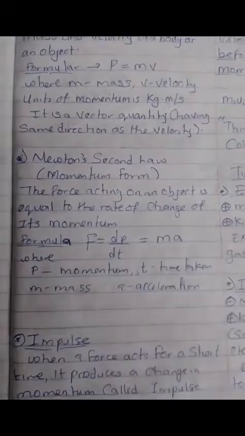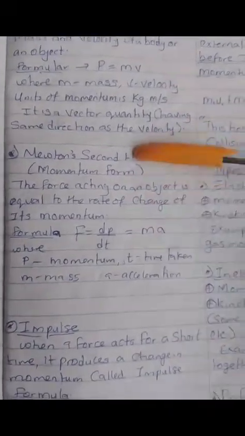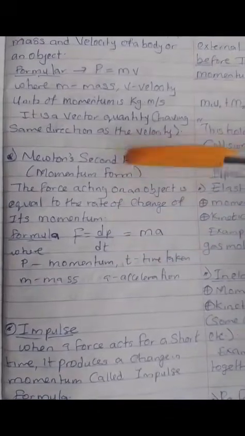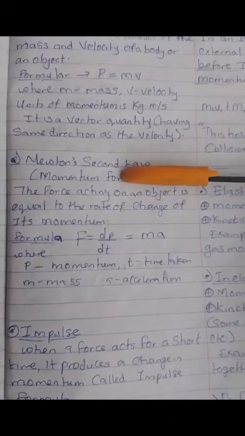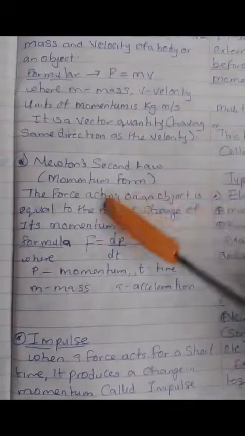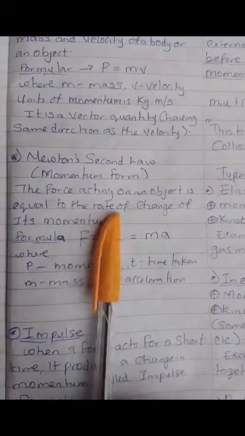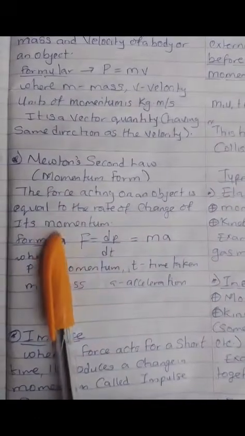From there we move to Newton's second law. There's a connection between Newton's second law, momentum form, and momentum itself. Newton's second law in momentum form states that the force acting on an object is equal to the rate of change of its momentum.